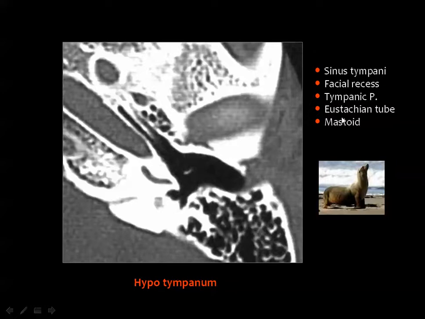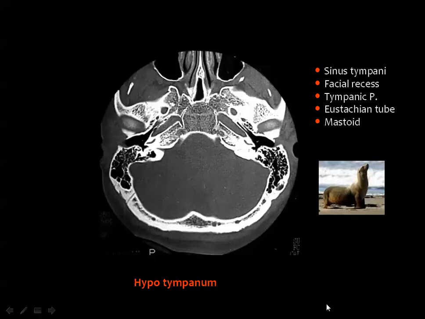This elevation is known as the tympanic pyramid, and the anterior depression is known as the sinus tympani, while the posterior one is known as the facial recess. Then you see the sinus tympani, which is the site for sinus cholesteatoma, and the facial recess, which is the site where the facial nerve is going through the petrous bone to exit through the stylomastoid foramen, as I will mention in a moment.